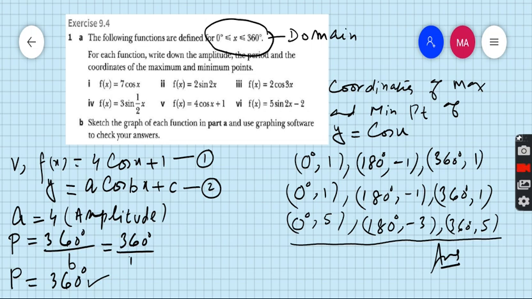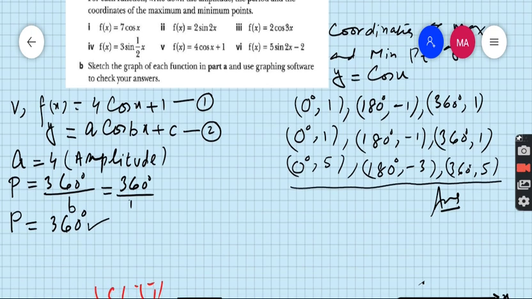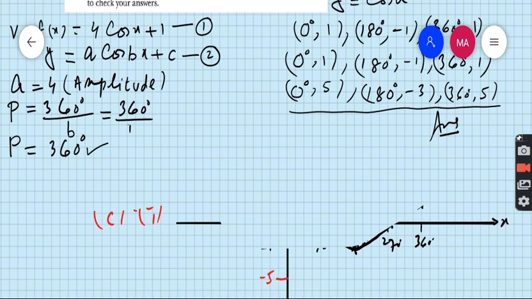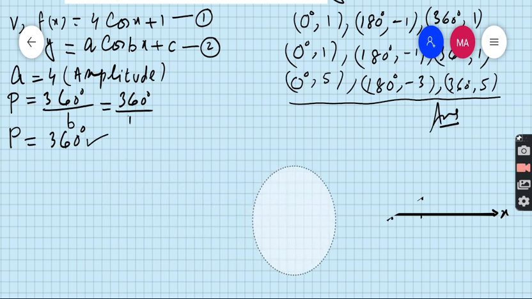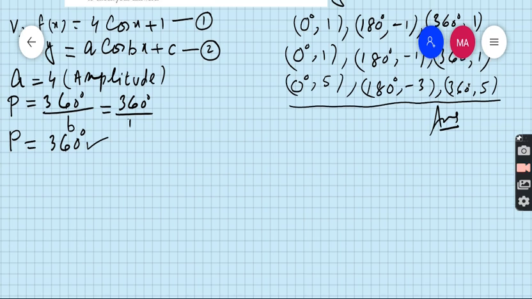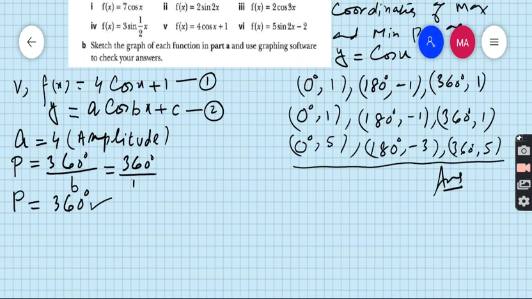Let's start part B. What is part B? You can see at the top of the screen: sketch the graph of each function in part A and use graphing software to check your answer.